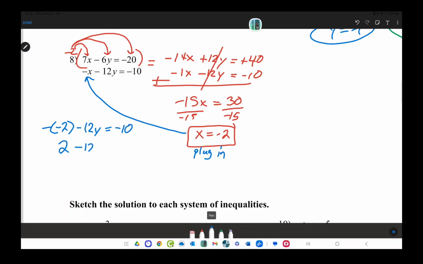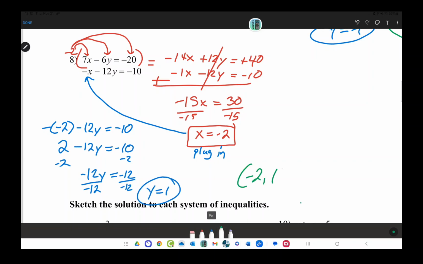Negative, make positive. Subtract 2 on both sides, we get -12y equals -12, which means y has to be 1. So, -2, 1, final answer.